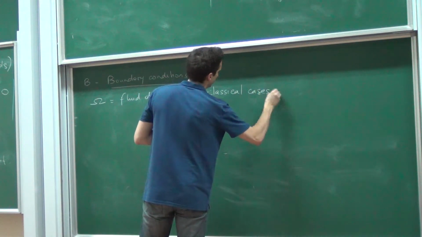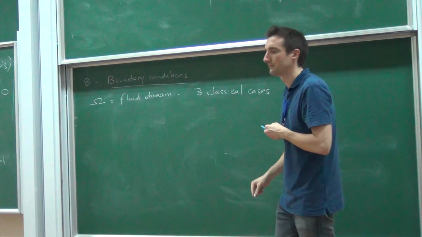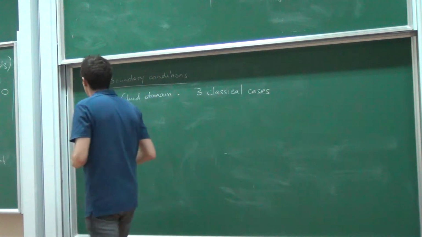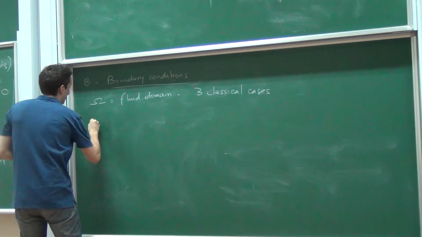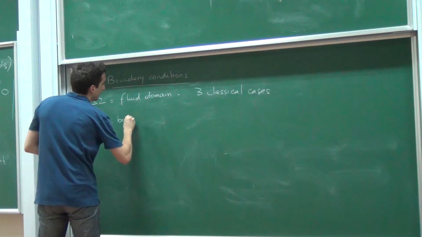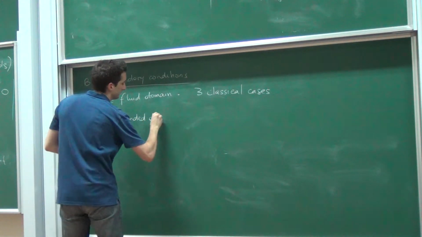There are three classical cases that you want to consider. First case, which is probably the most realistic one, is the case of omega being some bounded domain of Rd.